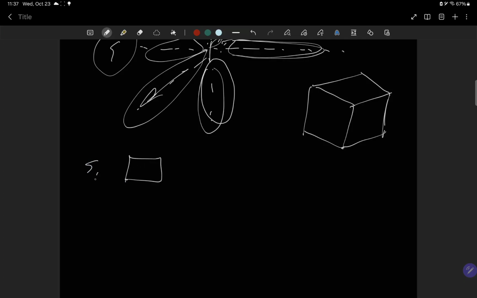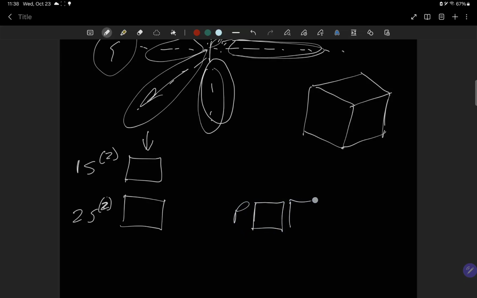So your 1s, where you can fit up to 2. Then your 2s, where you can fit up to 2. S orbitals will always only fit 2. So one box. Then p orbitals actually have 3 parts.